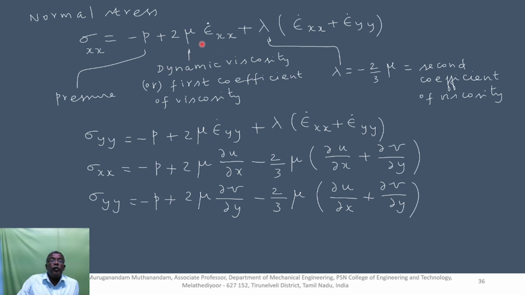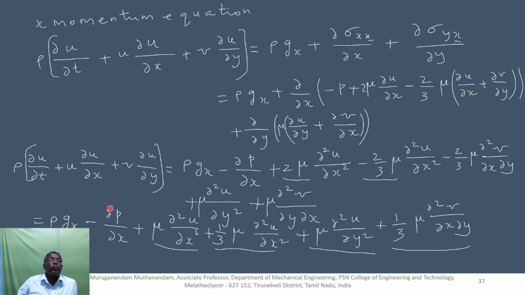Dynamic viscosity mu is called the first coefficient of viscosity, and using the second coefficient of viscosity lambda, times epsilon dot xx plus epsilon dot yy. Similarly, sigma yy can be written using the velocity components.